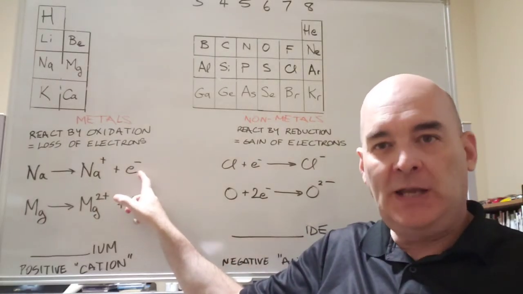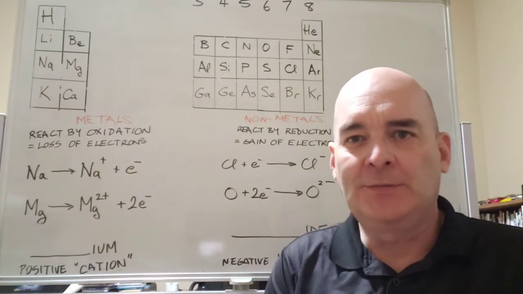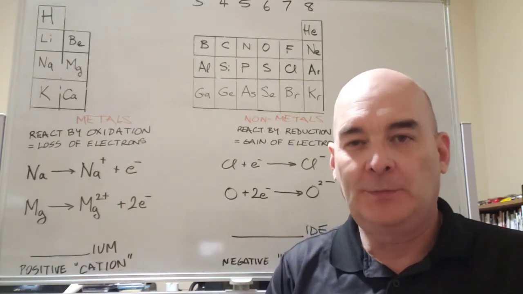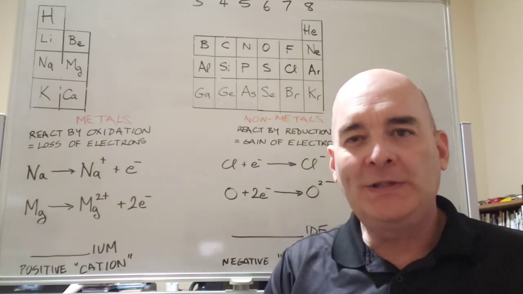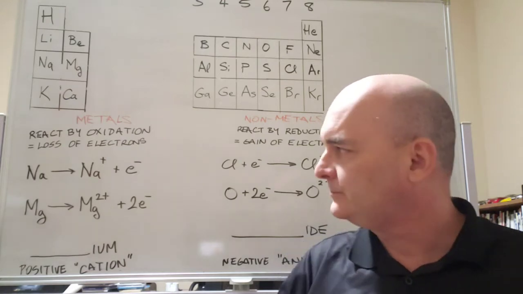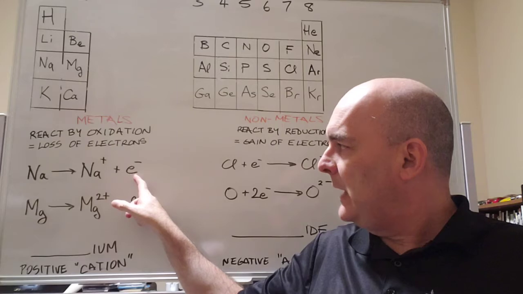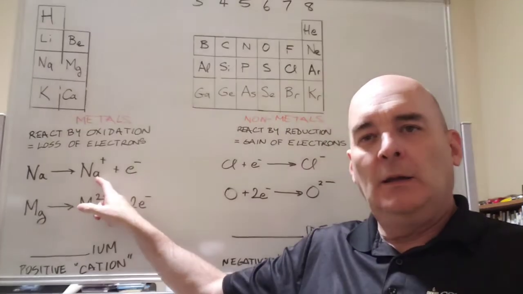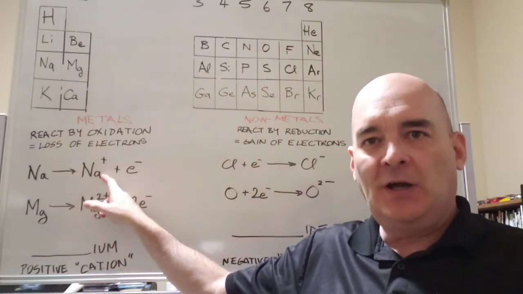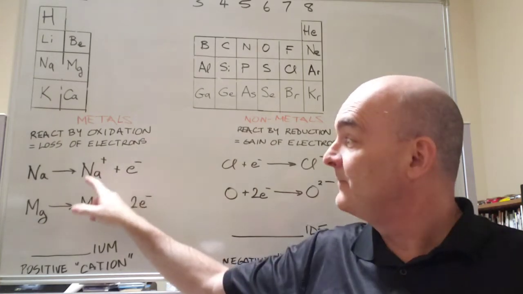Now, electrons are negatively charged, and we learned earlier that in an atom, the number of protons, positive things, is always equal to the number of electrons, negative things. So when this atom gives away an electron, it's going to leave behind a positive charge because there are more protons than electrons left behind.